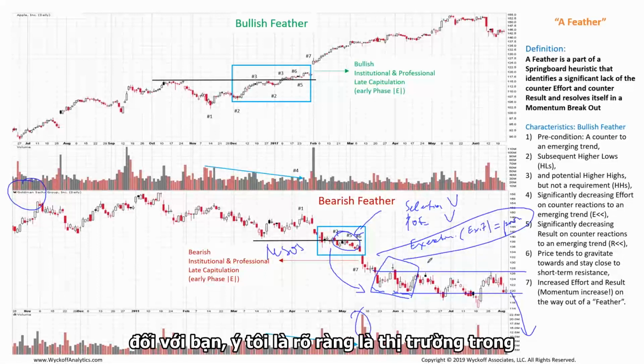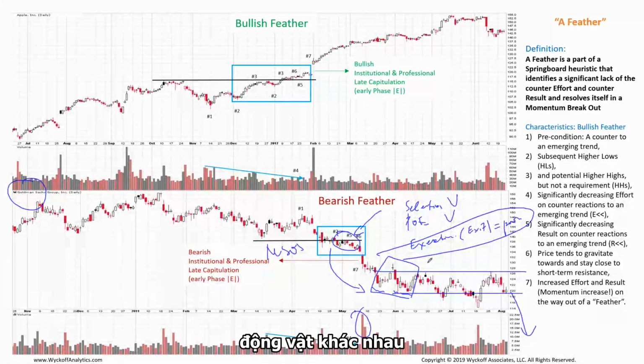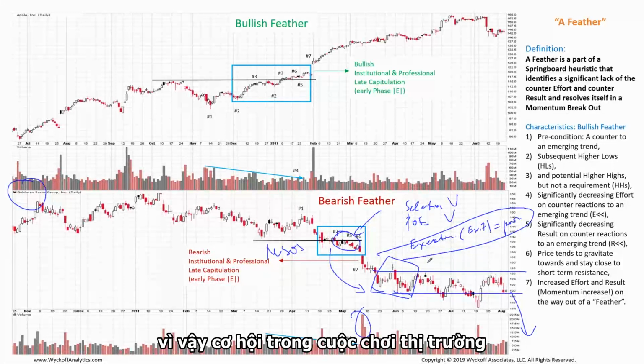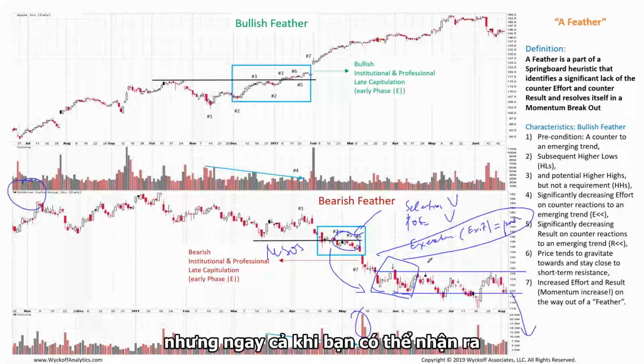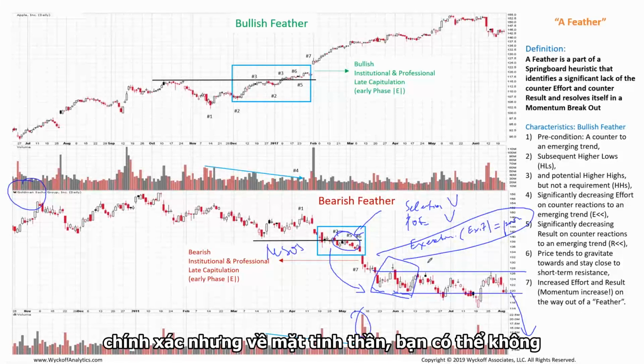I mean, obviously the market in 2018 in comparison to 2017 are two different animals. So availability of opportunities also plays a big role. And sometimes we don't learn how to recognize this opportunity. But even if you can recognize the opportunity, it doesn't mean that you might execute it correctly. Technically you might, but mentally you might not execute it correctly.